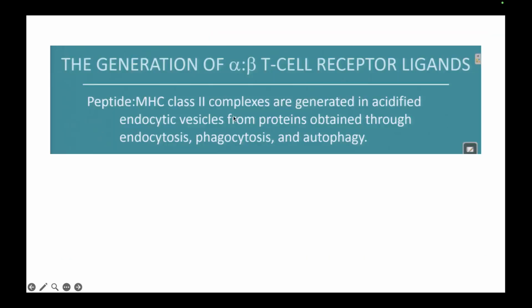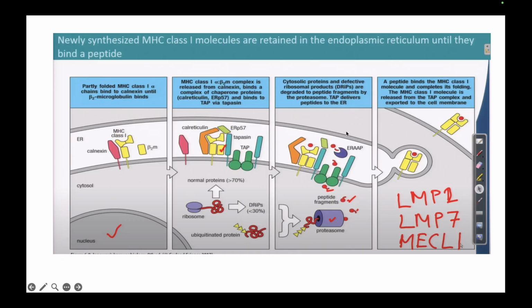For MHC class 2 complexes, the peptides are generated in acidified endocytic vesicles from proteins obtained through endocytosis, phagocytosis and autophagy, all three methods. MHC class 1 presents endogenous antigen synthesized inside the cell, which is usually a viral antigen, on the surface.